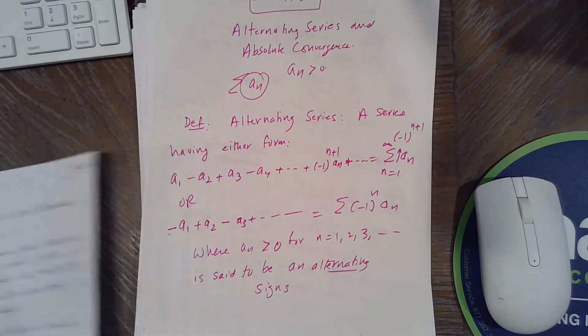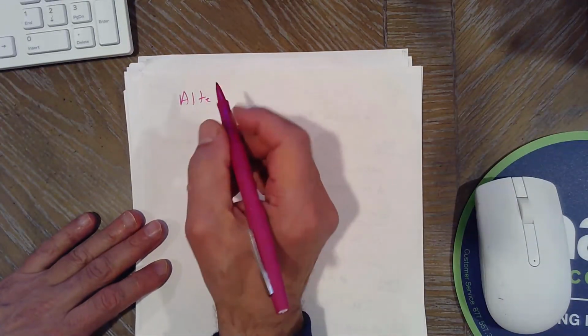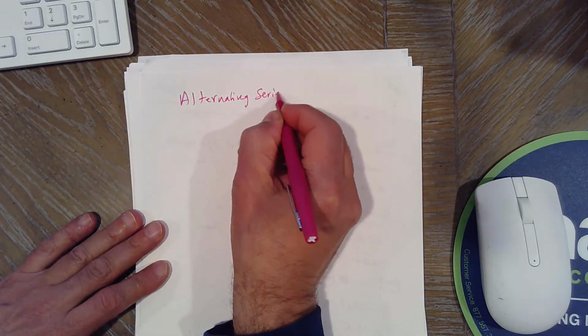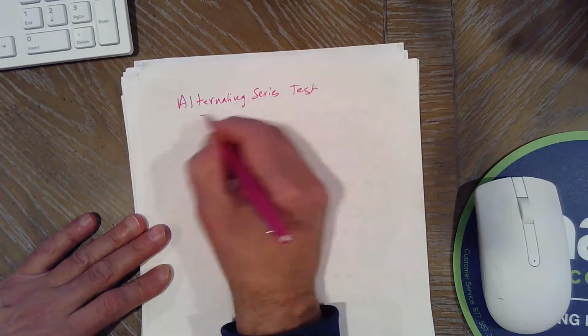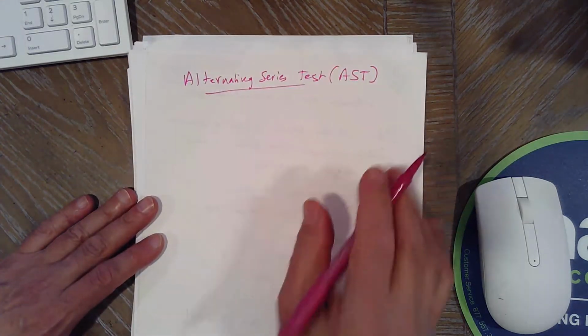Okay. There's what we call the alternating series test, and that we're going to use to discuss convergence of certain series. Alternating series test. I'm going to use AST as an acronym.